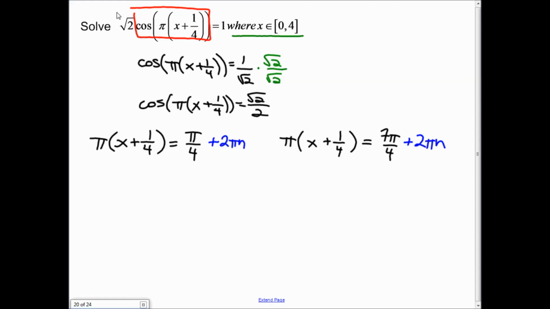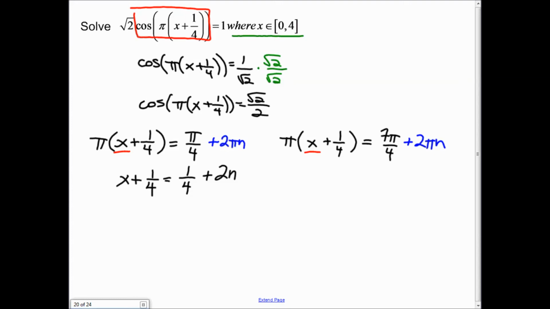We're going to start by reducing it down to x as much as possible, just like we did before, to try to isolate it. And when we do this, we'll divide both sides by pi, and so we'll have x plus 1/4 is equal to 1/4 plus 2n. And then we'll subtract 1/4 from both sides.